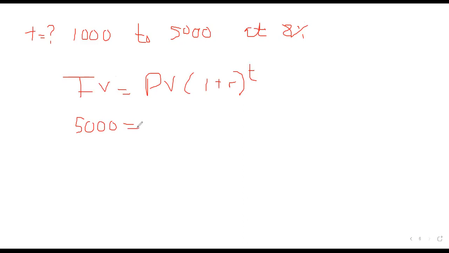What do we put in the present value? 1,000. Then the interest rate is 8%.